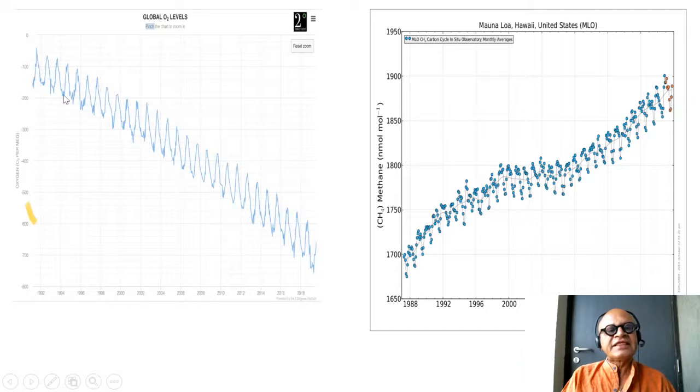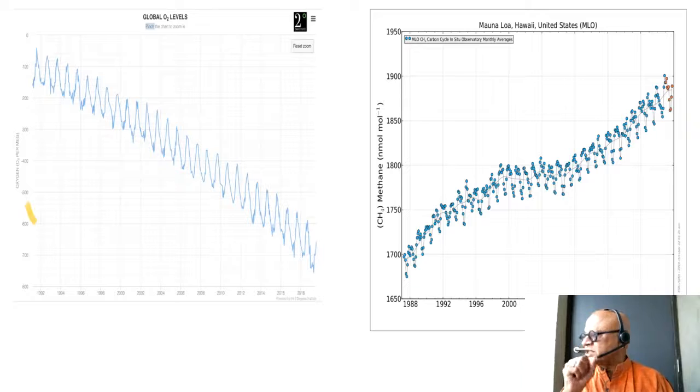Nonetheless, it's consistent with the fossil fuel burning that uses up oxygen. And surprisingly, Charles Keeling was the one who started the CO2 measurements, and his son Ralph Keeling runs this oxygen measurement from Scripps Institution of Oceanography in San Diego.